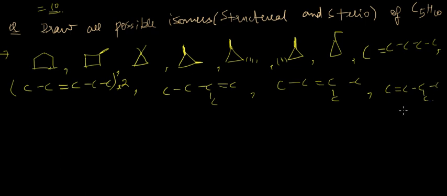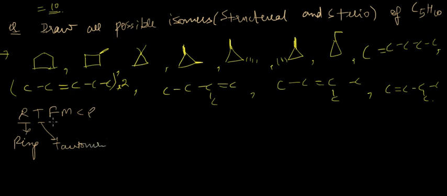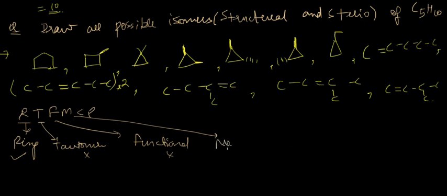So how am I writing this, am I following a certain rule? Yes, I hope you remember RTFMCP. R stands for ring chain, T stands for tautomer, F stands for functional. So first I drew all the ring chains. There is no tautomer involved. There is no functional group here. And then third is metamer. There is no functional group, hence there is no metamer.